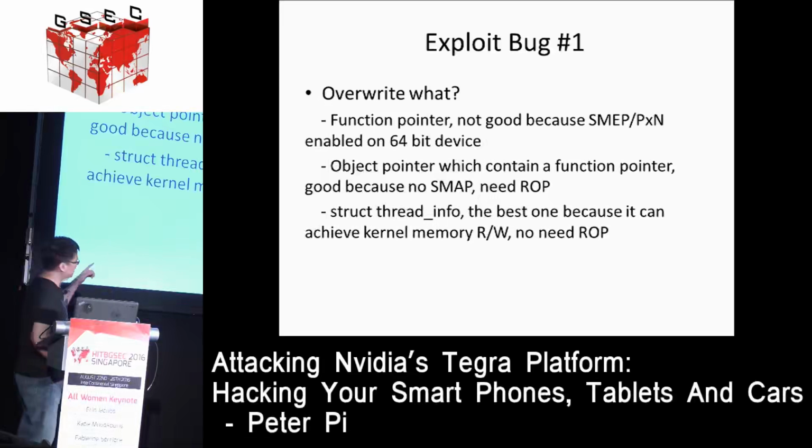If we overwrite the address limit to -1, the user space thread can read and write arbitrary kernel memory directly. This is the best one because this choice doesn't need any ROP.